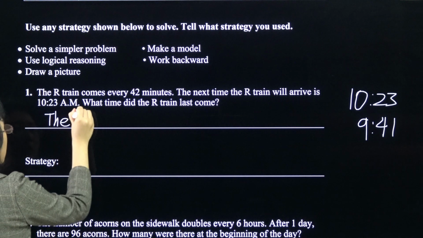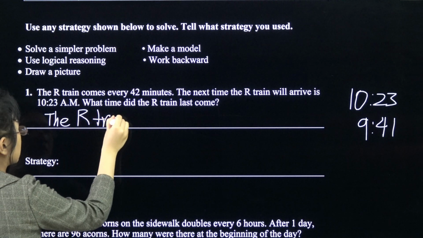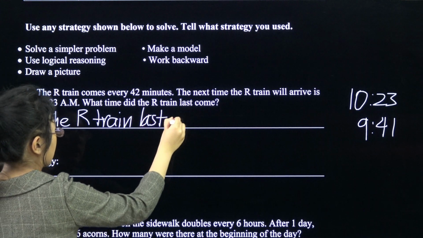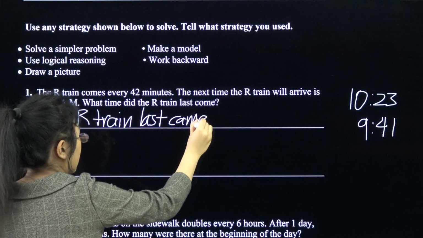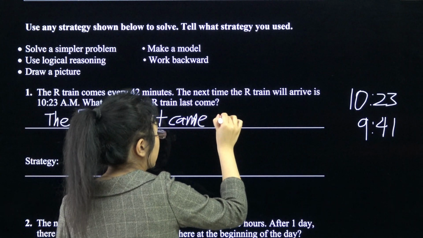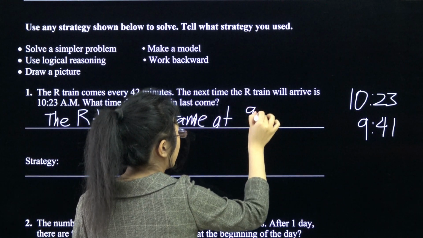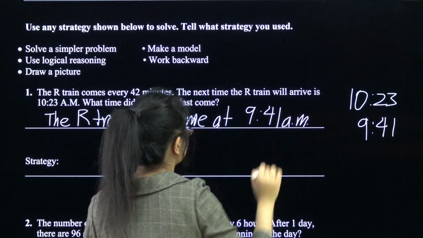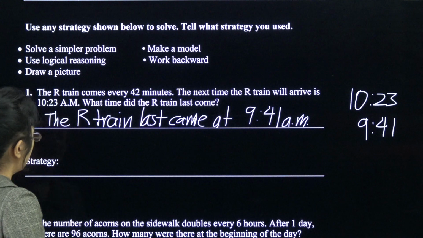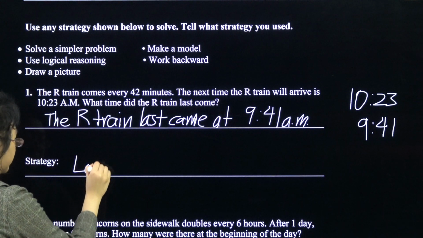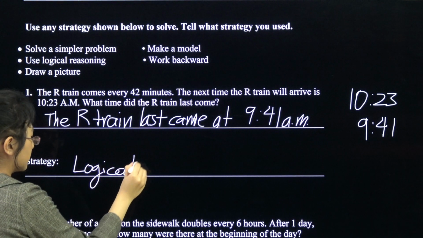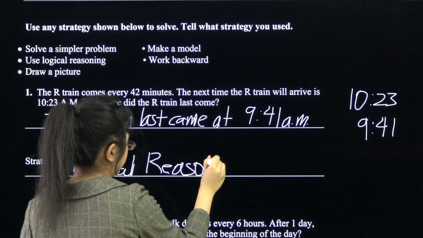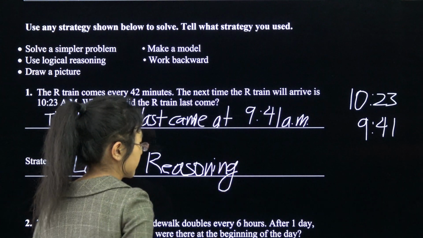The R train last came at 9:41 a.m. Our strategy is technically logical reasoning. You can use a different strategy than me. Just gonna say that.